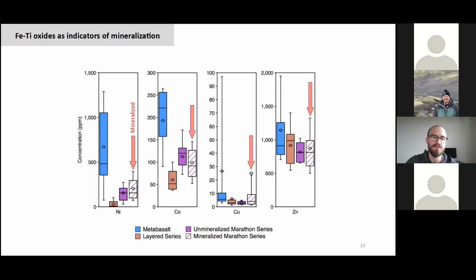So this indicates that the chalcophile element content of oxides is not a particularly robust indicator of mineralization, and implies that you really need to take into consideration a lot of other information when you're making these interpretations, such as the timing of crystallization of the oxides relative to the saturation of a sulfide liquid.